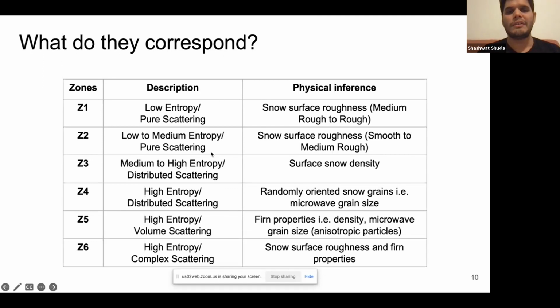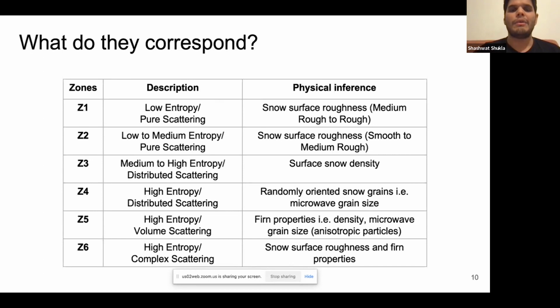Whereas zone 2, which is also pure scattering, also corresponds to snow surface roughness, however at a different scale. Here it will be smooth to medium rough. And zone 3 is a medium to high entropy. Here the entropy increases, which gives rise to distributed scattering, and it represents that at those locations, surface snow density is more important than other properties.